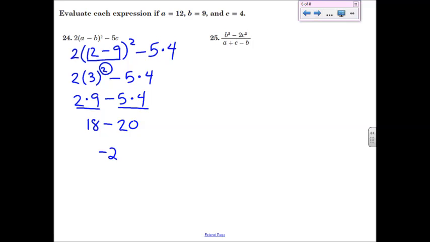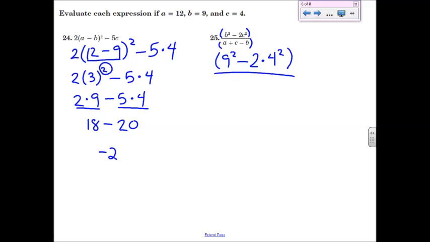25, I have b squared minus 2c squared. Again, I'm going to put those in parentheses so I treat them separately. And then on the bottom, a plus c minus b. So b squared is 9 squared minus 2 times c is 4 squared.